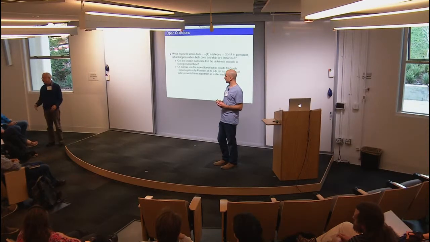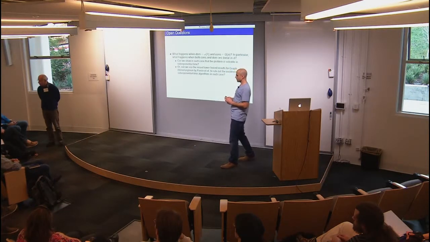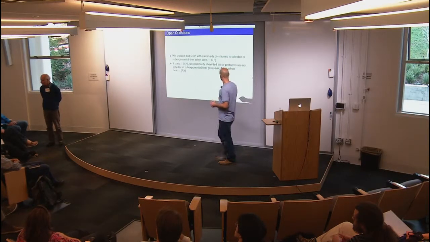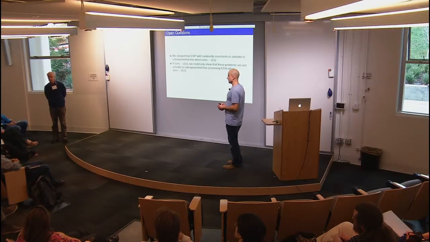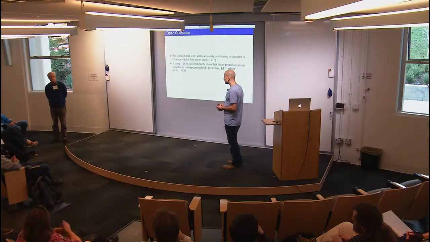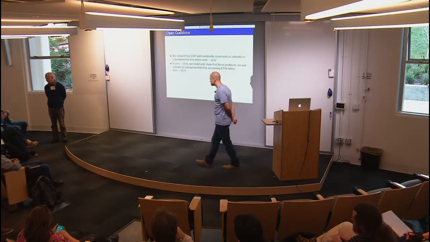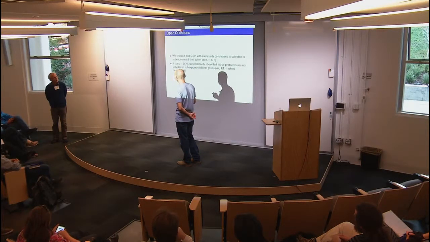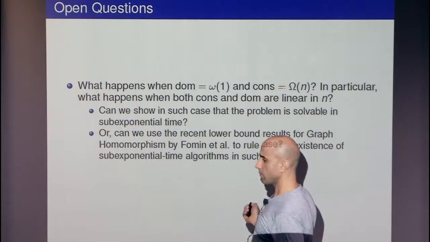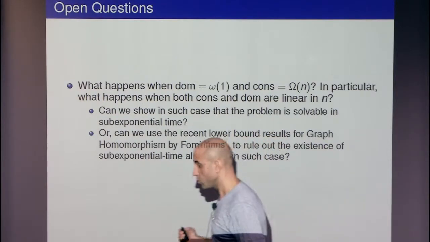So currently you have a lower bound of this kind, and you mentioned the quadratic blow-up with the reduction you tried for this last problem. When both the number of constraints is n and the domain size is n?